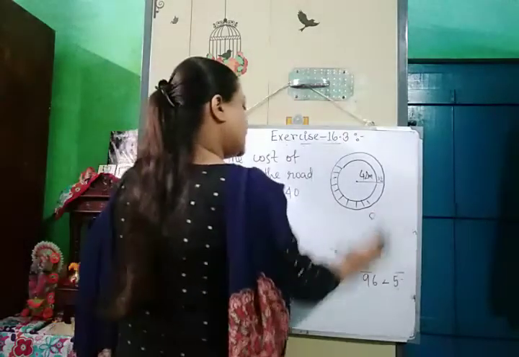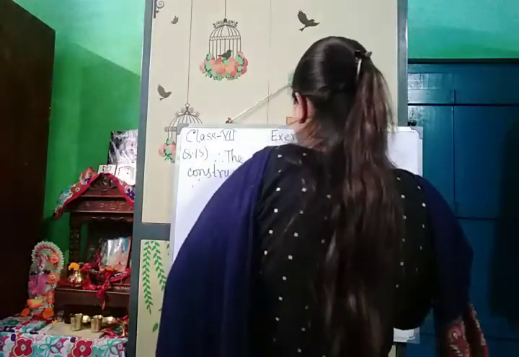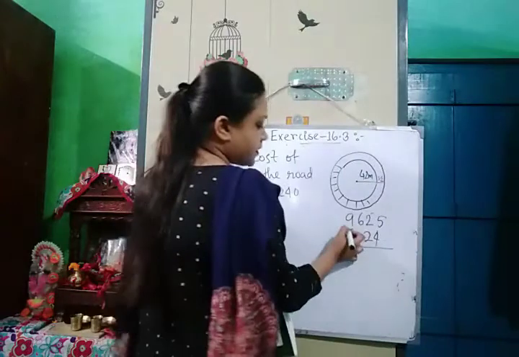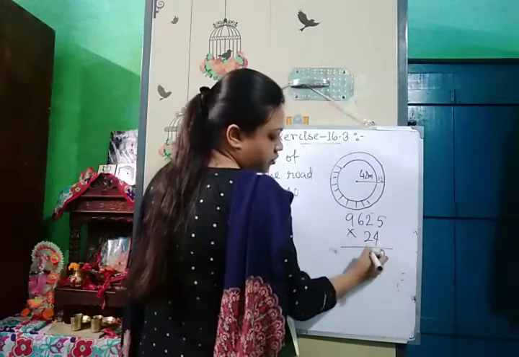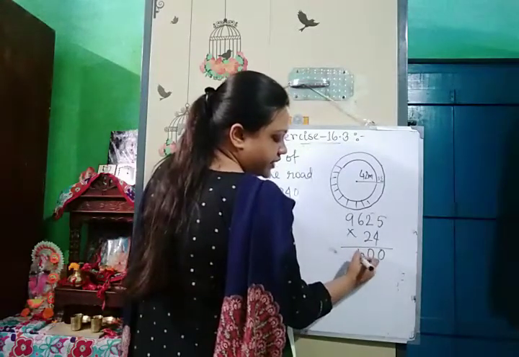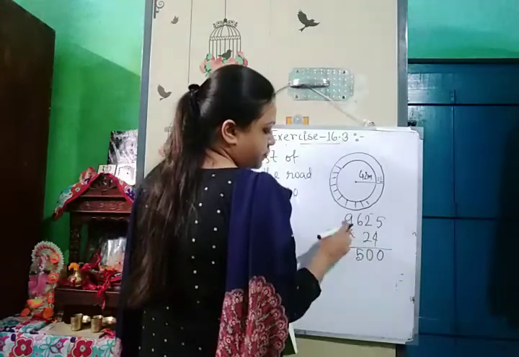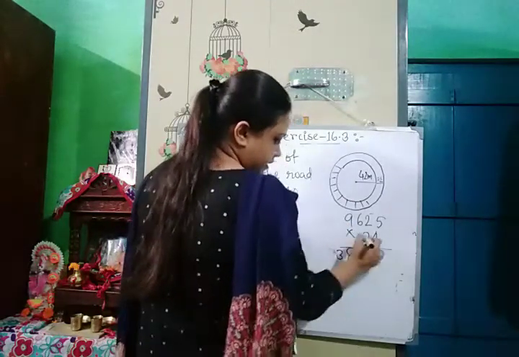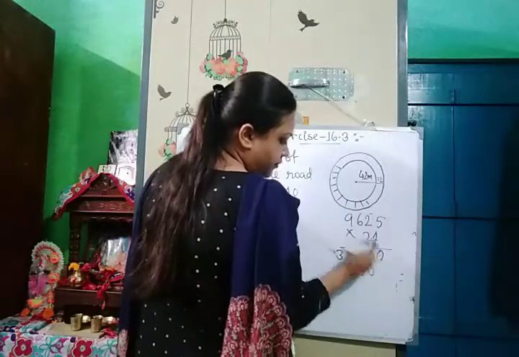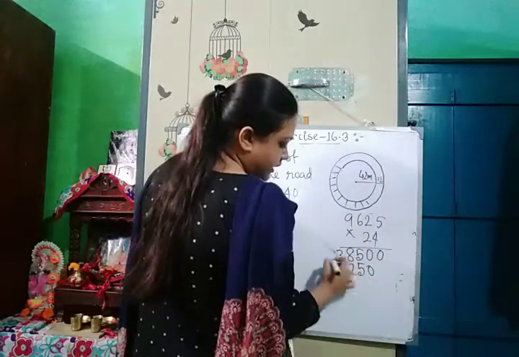So now I am doing again the multiplication here. 9625 and 24. So 5 4s are 20, 2 in hand, 4 2s are 8 plus 2 10, 1 in hand, 6 4s are 24 plus 1 25, 2 in hand. 9 4s are 36 plus 2 38. Here 5 2s are 10, 1 in hand, 2 2s are 4 plus 1 5, 2 6s are 12, 1 in hand, 9 2s are 18 plus 1 19.